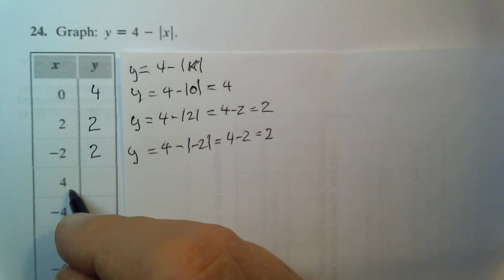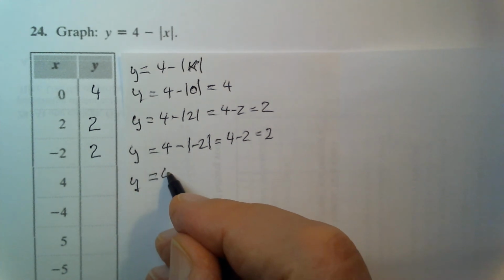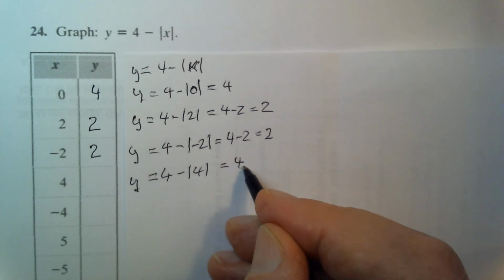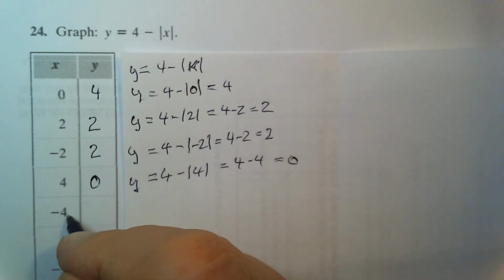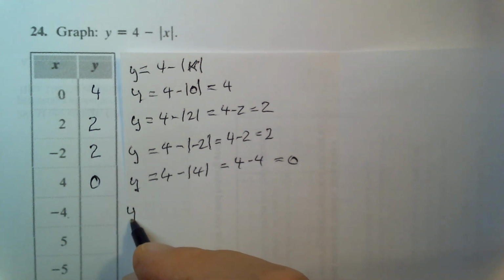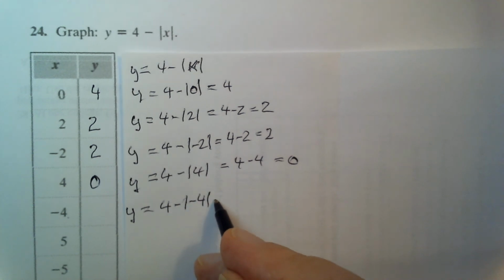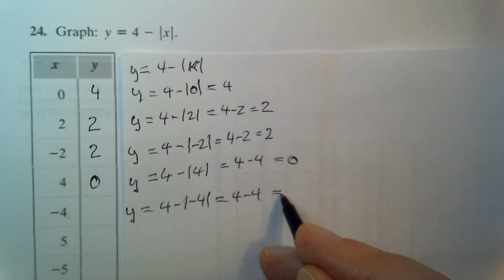When x is equal to 4, then y equals 4 minus absolute value of 4, which is 4 minus 4, and that is 0. And when x equals negative 4, then y equals 4 minus absolute value of minus 4, and the absolute value of minus 4 is 4, so we have 4 minus 4, and that's also 0.